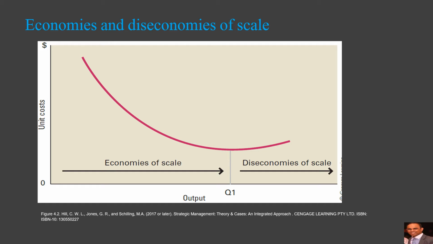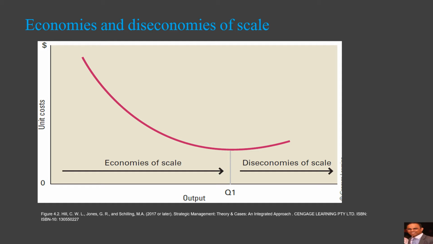That means the more we produce, we start seeing more cost instead of less cost per unit. So managers must know the extent of economies of scale as well as where these economies of scale begin to occur.